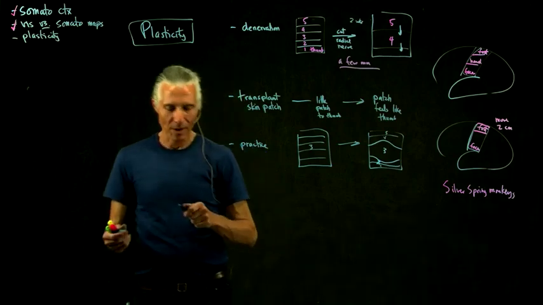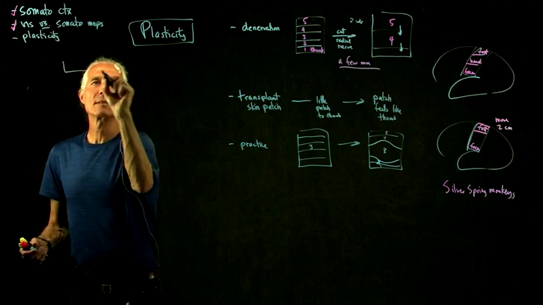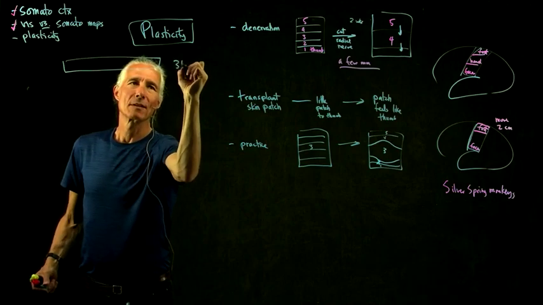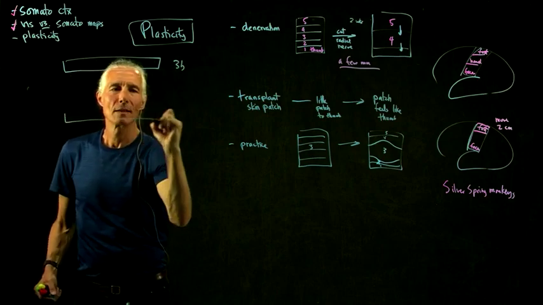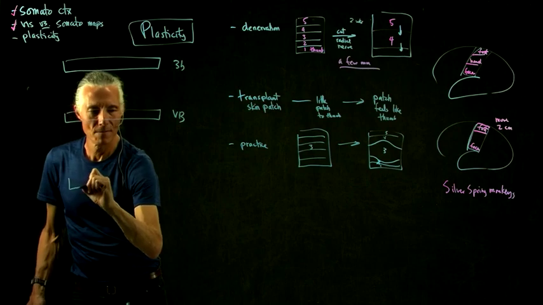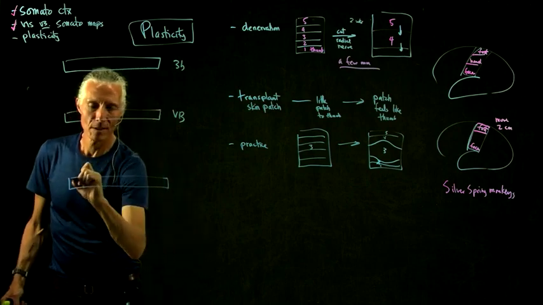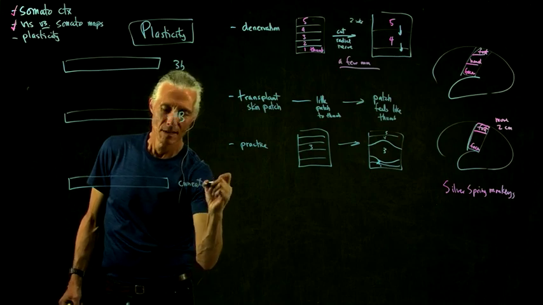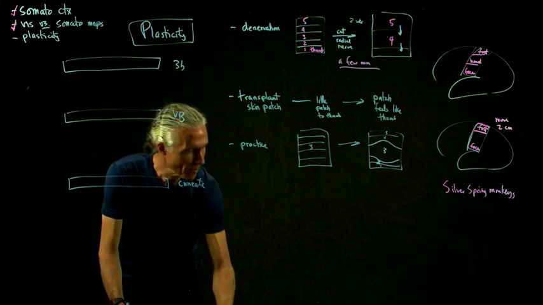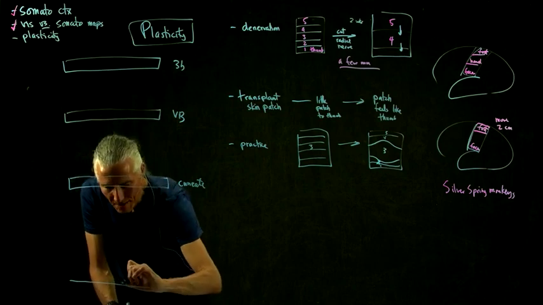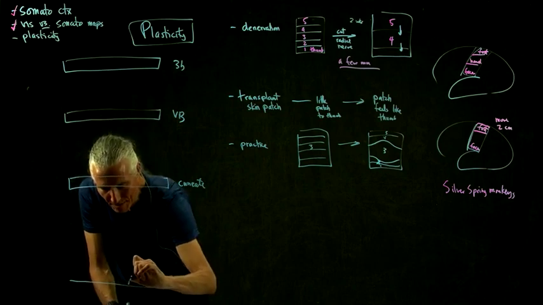So how can this work? Let's look at the various stages. Here's the cortex. There's area 3B. And here's the ventral basal nucleus. And then here's the cuneate nucleus, that's the dorsal column nucleus. And then here's the actual skin down here, and a little receptor in the skin, Merkel disc.